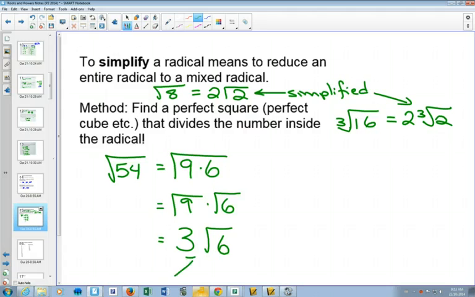And now we have this simplified, because we've changed it from an entire radical to a mixed radical.